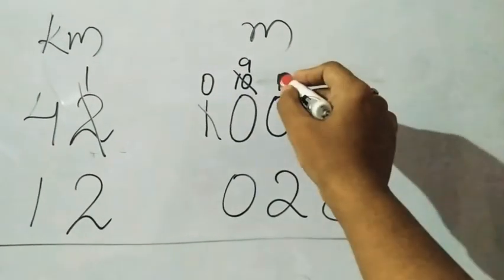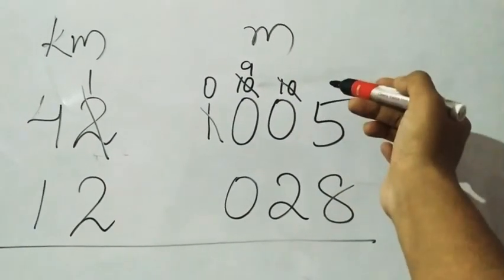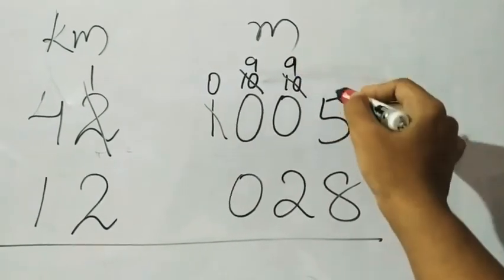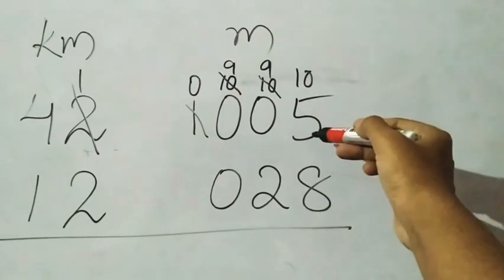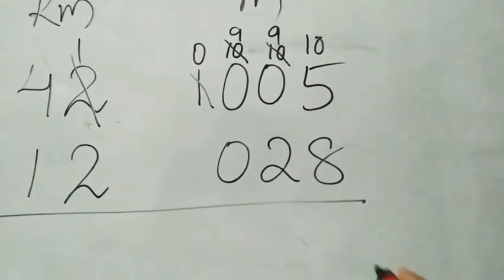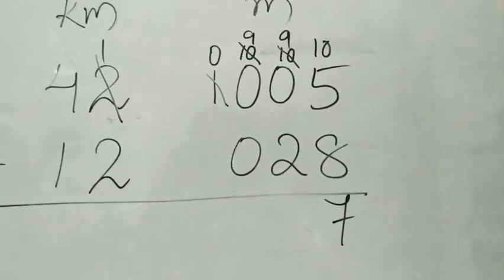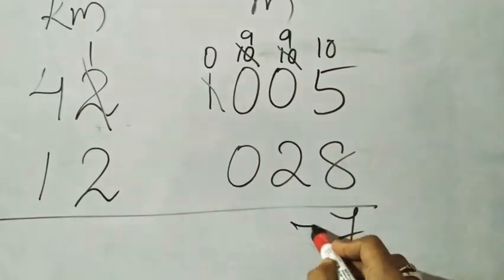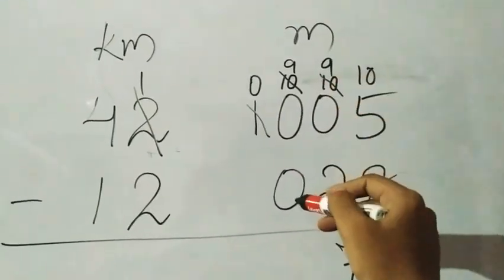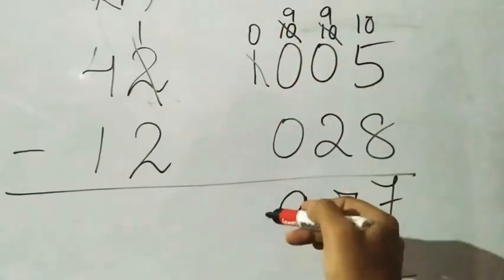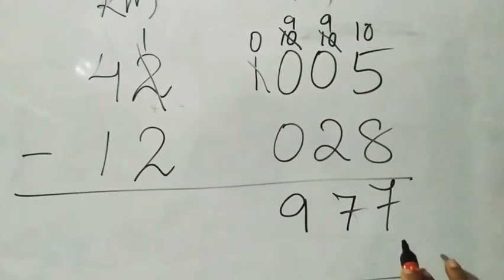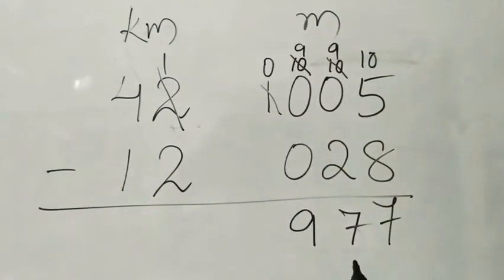From the tens place we will borrow to the ones place, that is, now your question is ready. 10 plus 5, 15. 15 minus 8 is 7. 9 minus 2 is 7. 9 minus 0 is 9. Now here 0, you need not write. Now our 3 places are ready for the meter column.